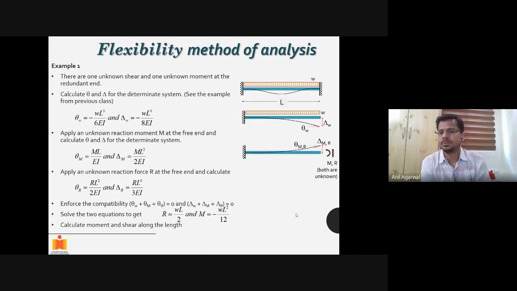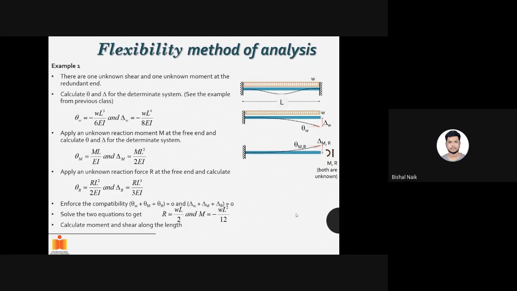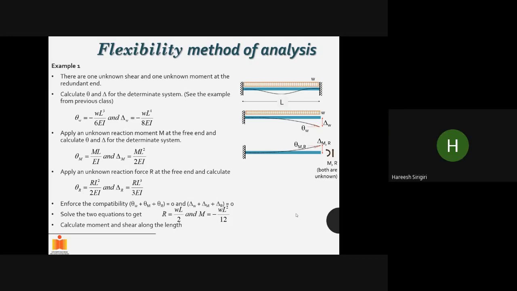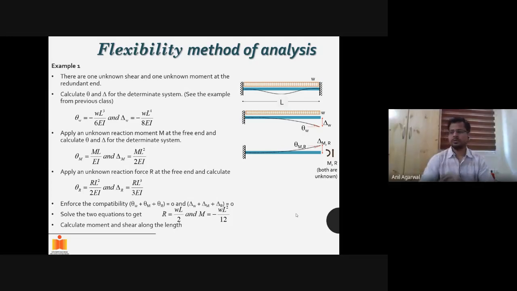Do you know or not? Can anybody tell me what are the fixed end moments in such a beam? WL square divided by 12. What is the midspan moment? WL square by 24.